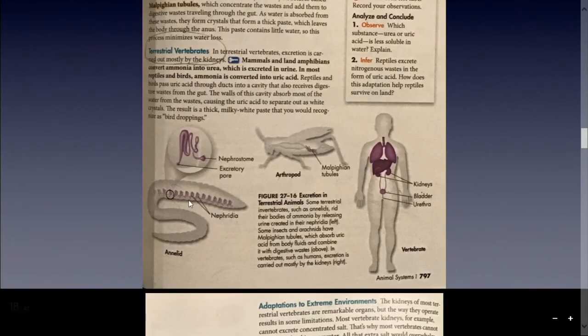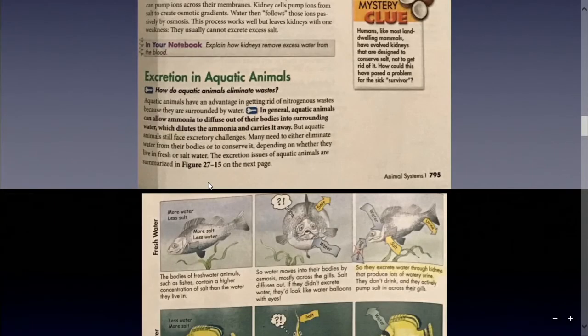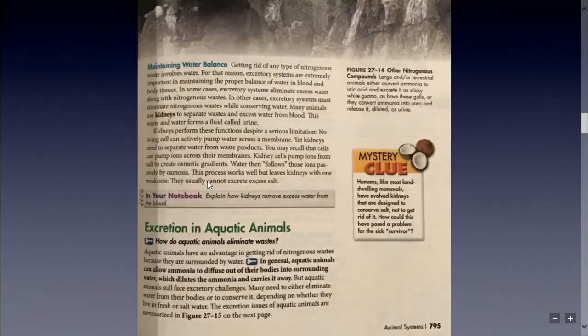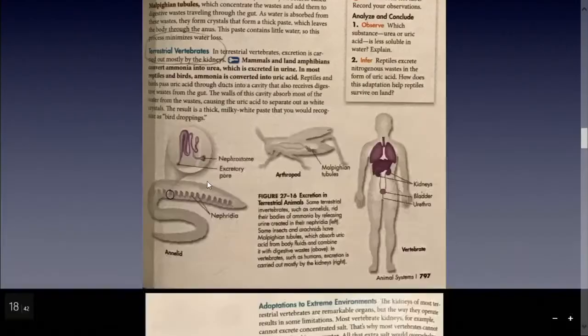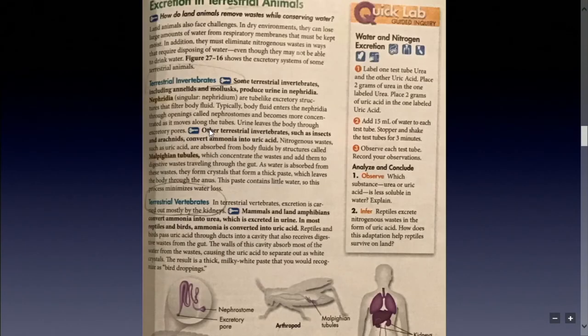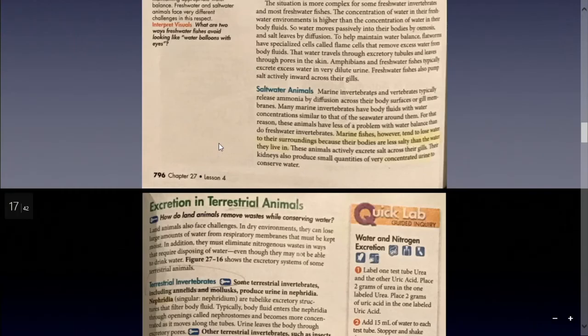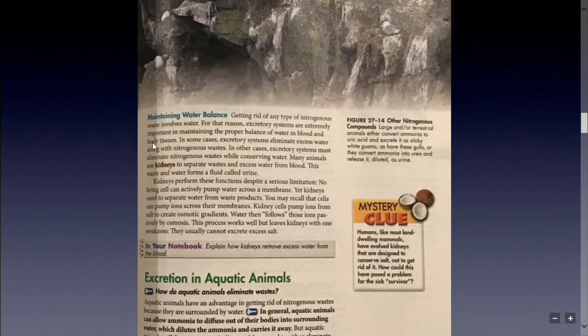So what I would do, if you were to look for a good sentence here, I would scroll back up to where it talks about kidneys. Where did it mention kidneys? Here, right? And maintaining water balance.